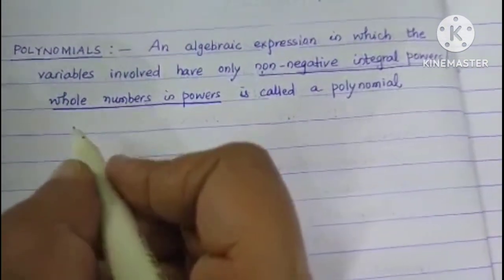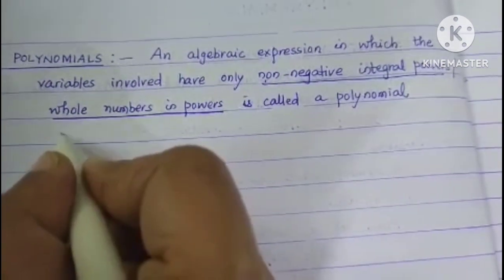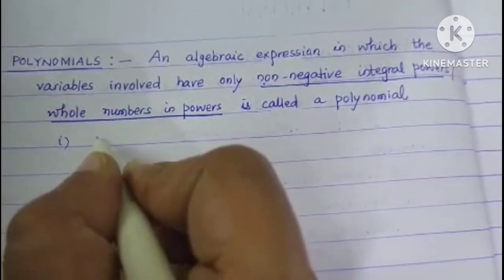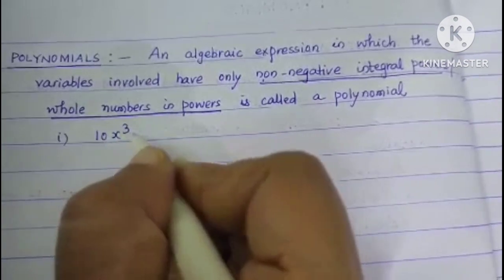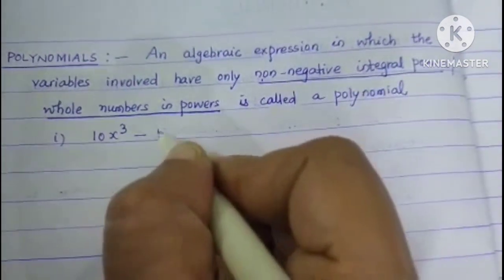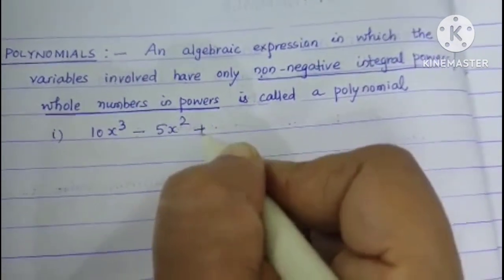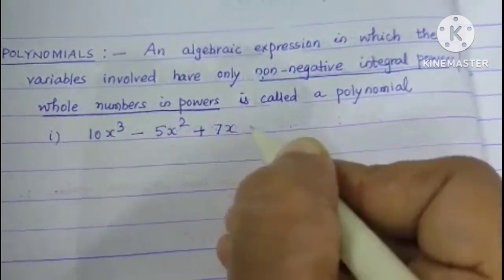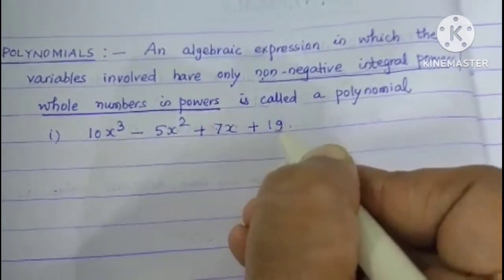Let us suppose we are writing a polynomial 10x cube minus 5x square plus 7x plus 19.